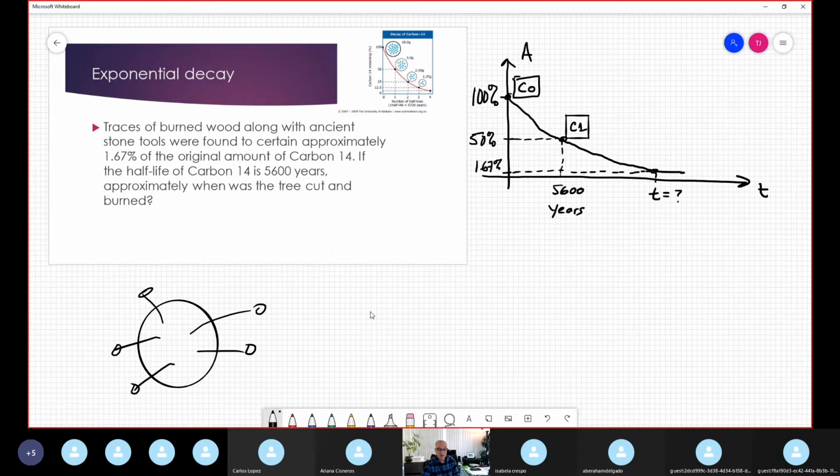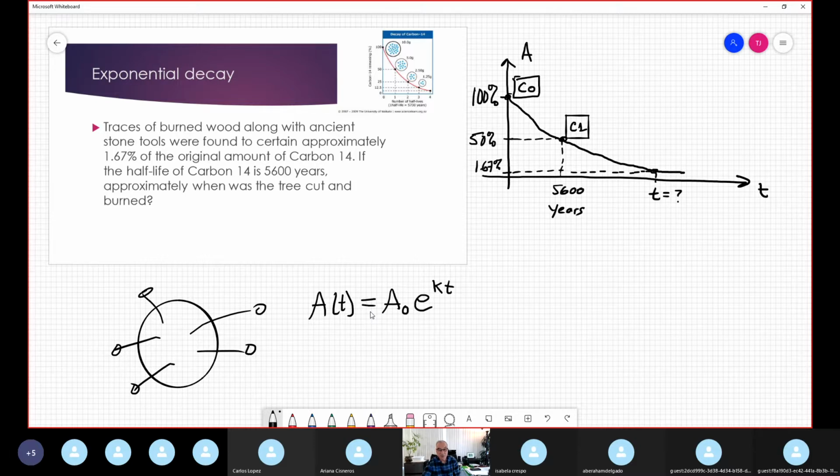The amount of substance at any time is equal to A null, the initial amount, which in relative units is 100%, times e to the kt. Yes, it's the same formula.